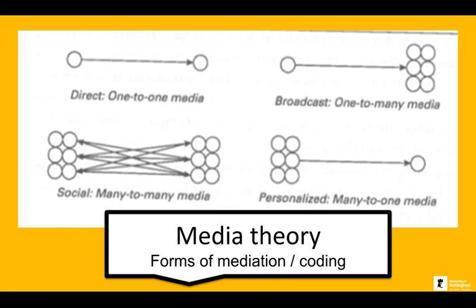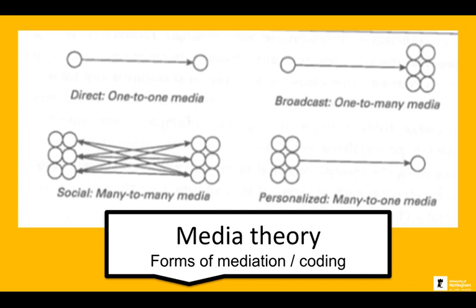So a lot of marketing communications, traditionally, has been what's called a one-to-many relationship. A one-to-many relationship, where instead of opening up a channel between a sender and one receiver, it's a channel between one sender and lots of receivers.